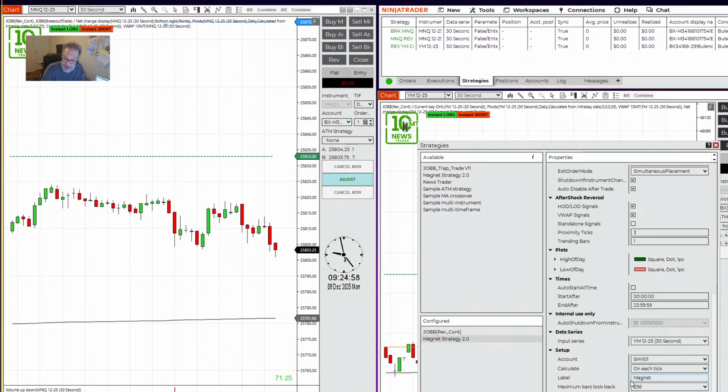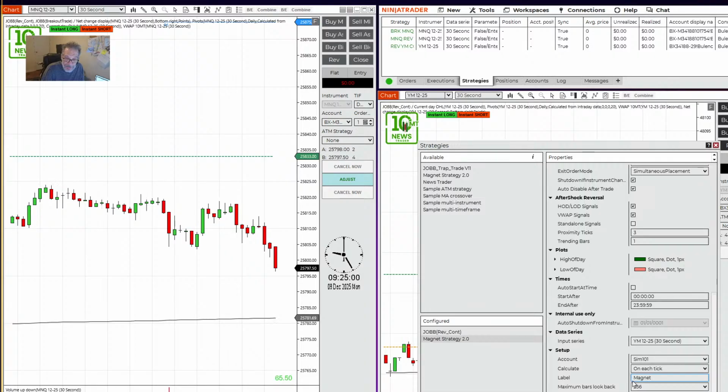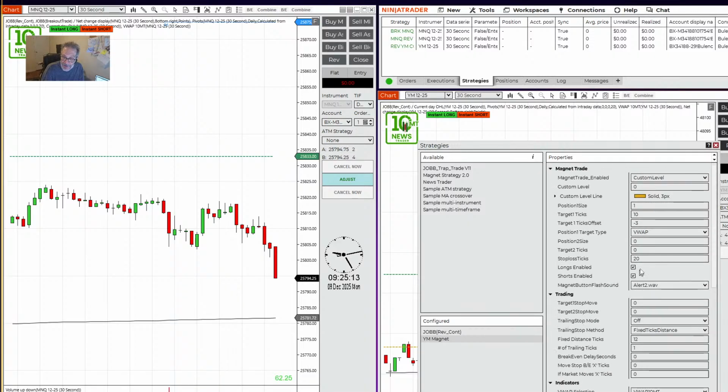Just one position, YM. Trade it in 29. So I'm targeting the VWAP.